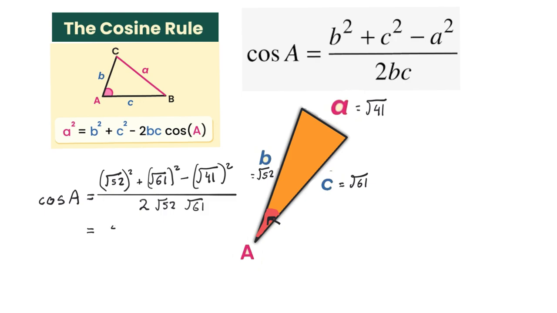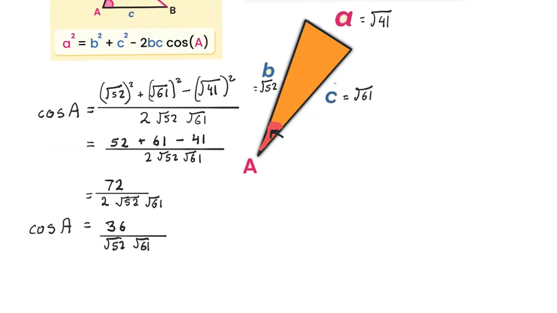This can be simplified to 52 plus 61, take away 41, over 2 root 52 root 61, which can be further simplified to 72 over 2 root 52 root 61. I can simplify 72 over 2, so that cos A is equal to 36 divided by root 52 times root 61.